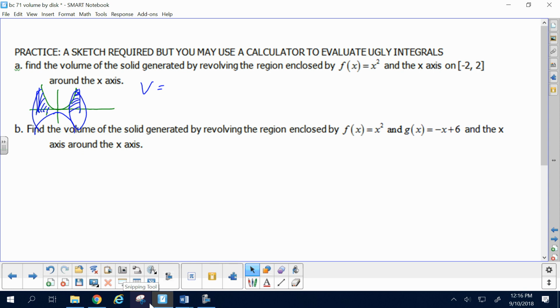See if you are on the right track. Is that what your integral looks like? f of x squared is x squared squared.